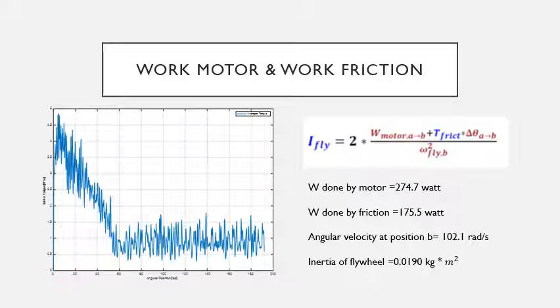Therefore, the work done by friction was 175.5 watts, while the work done by the motor was 274 watts. Using the equation on the left, the inertia of the flywheel was calculated to be 0.019 kilograms meters squared.